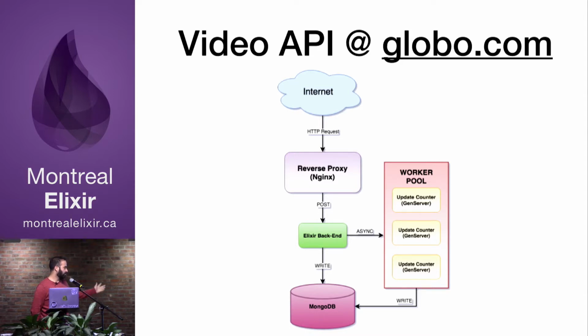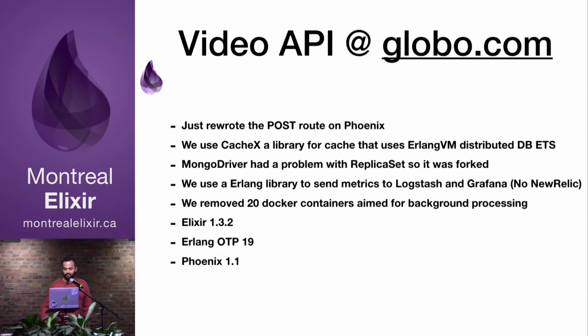And of course, we are still using MongoDB. Just to point out, we used a cache library called Cachex that uses a distributed DB, also built on top of the Erlang VM, called ETS.